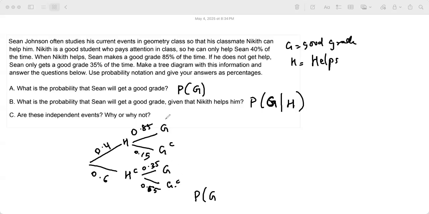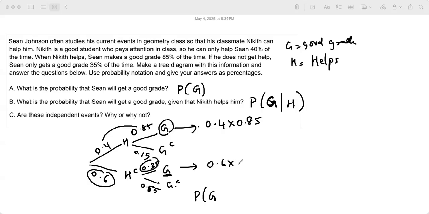For the first one, they're asking the probability of G. G can happen here or can happen here, right? For this G to happen, both of these should happen, so you need to multiply these. For this G to happen, the probability is this, and for this G, the probability is this. After I multiply, I can add them together.